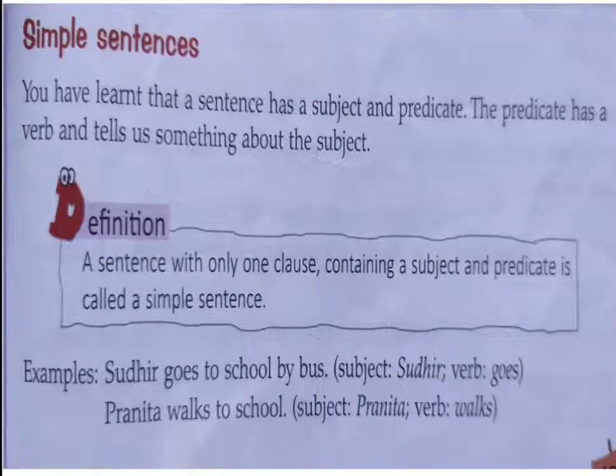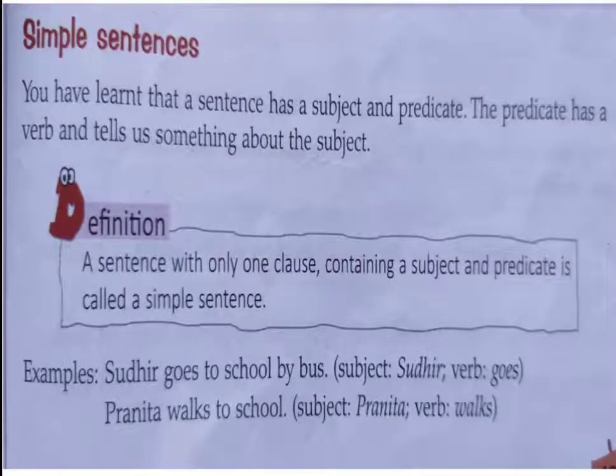Now look, first of all, what is a simple sentence? Today we'll learn simple and complex sentences. First we'll learn what is a simple sentence. You have learned that a sentence has a subject and predicate. The predicate has a verb and tells us something about the subject.